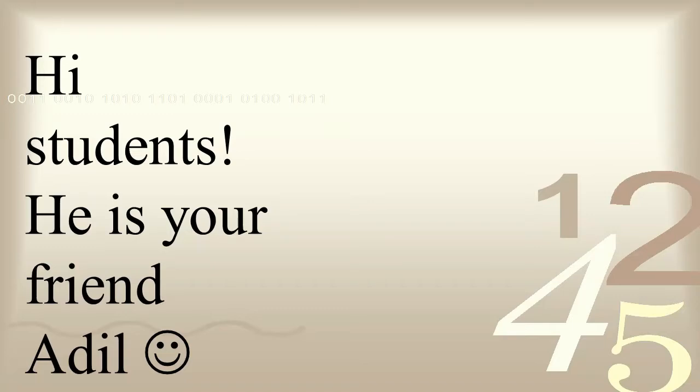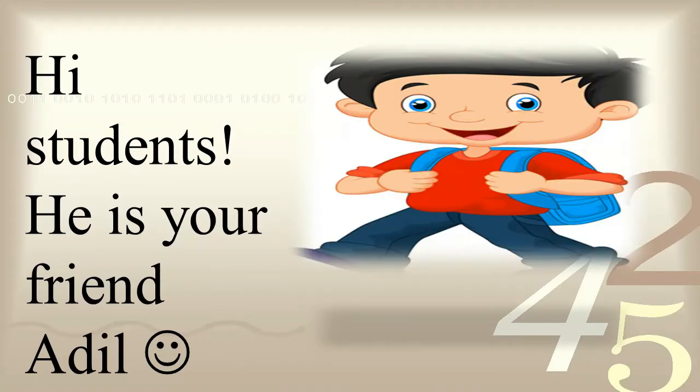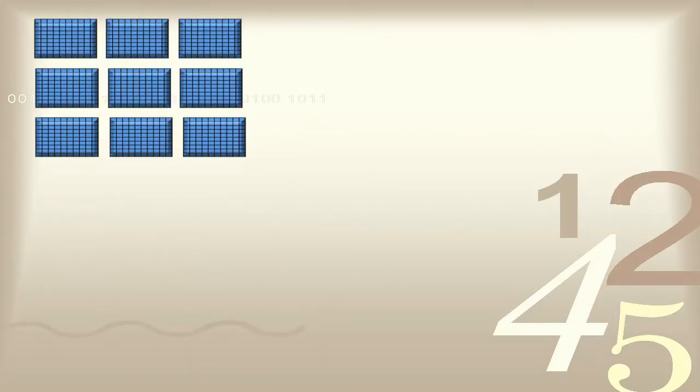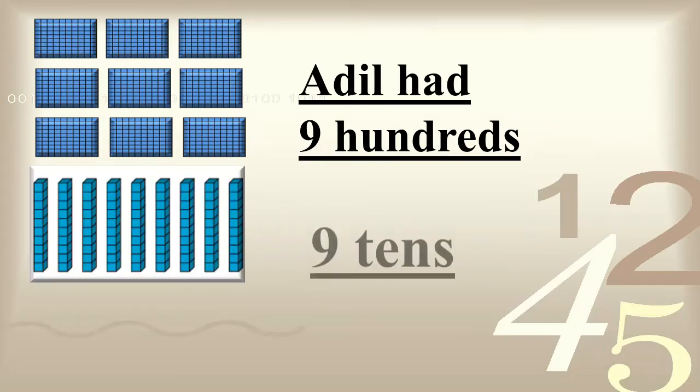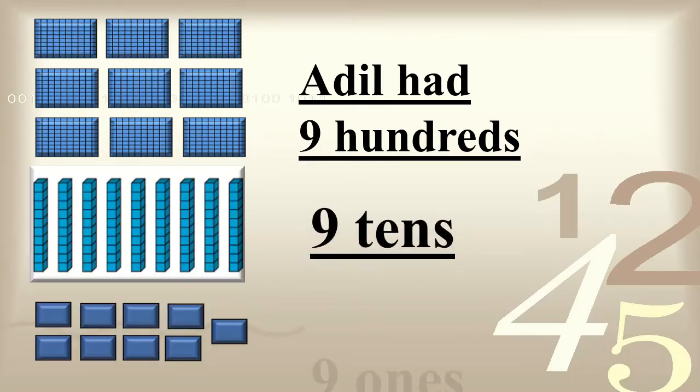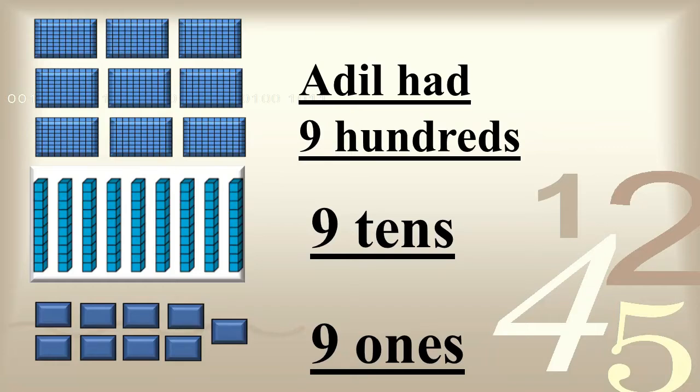He is Adil, and Adil loved to play with blocks. Adil had 999 blocks. If we explain according to place value, then Adil had 9 hundreds, 9 tens, and 9 ones.